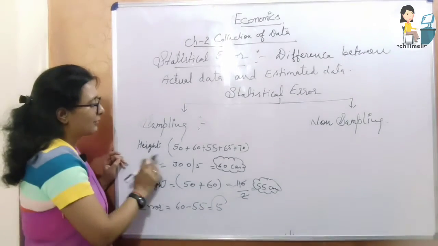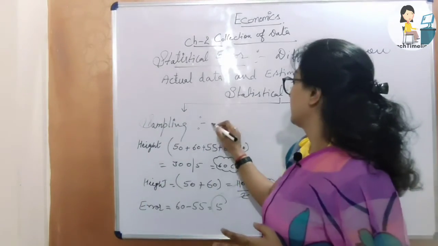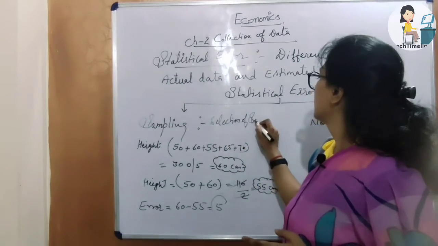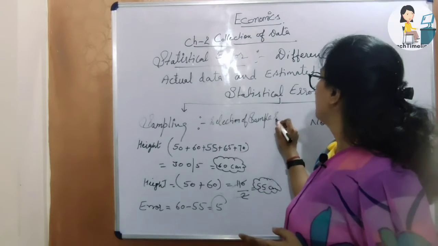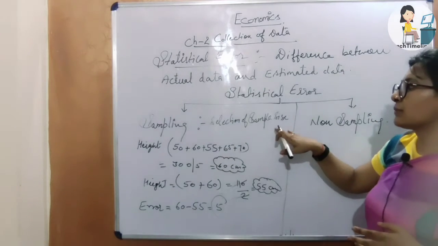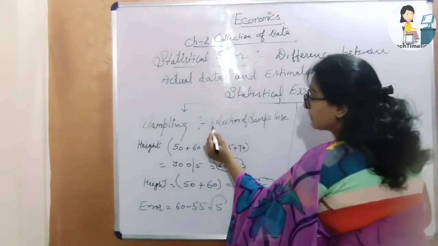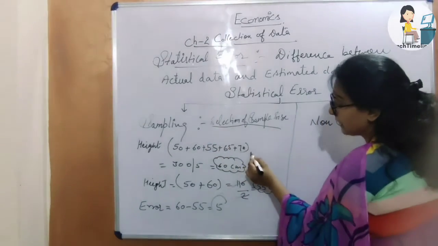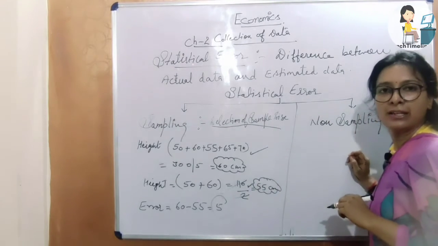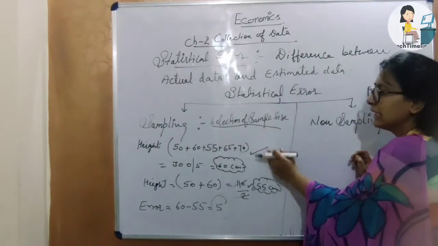Now you can say, when I am choosing a sample, my selection of sample size is one of the reasons for error. The error was there because of the sample I selected. First I took more values, then I took fewer values. There is a difference. This has given statistical error. So this kind of error can be reduced.